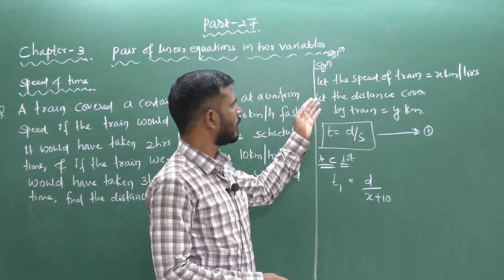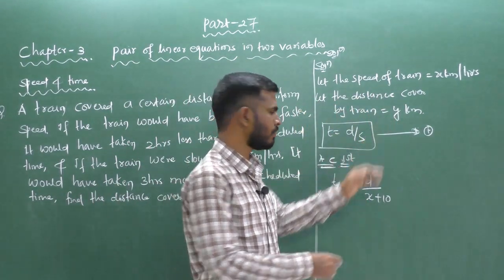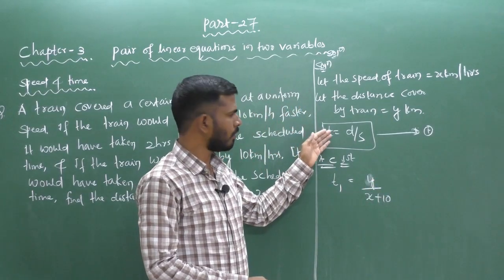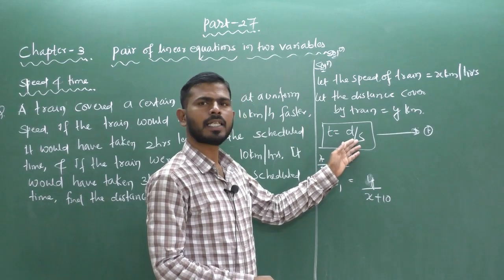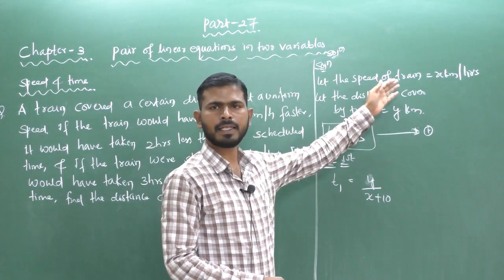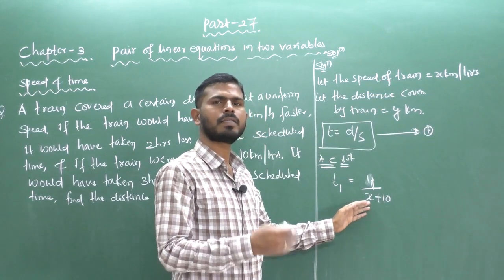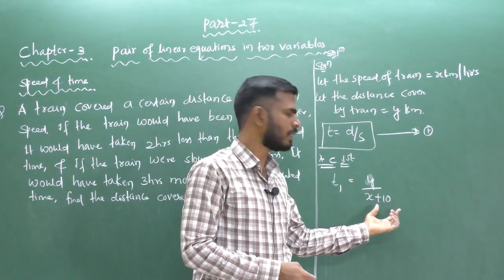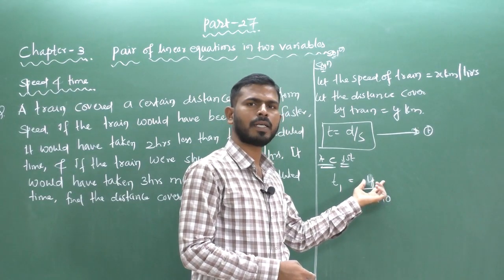D means the distance covered by the train, that is y. So t equals distance, y, by speed, which is increased by 10 km per hour: the initial speed x plus 10. This is the speed of the train and this is y, the distance covered by the train.